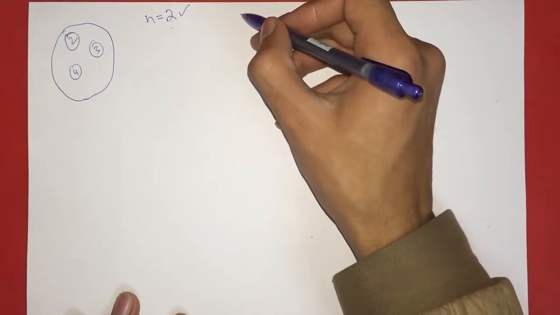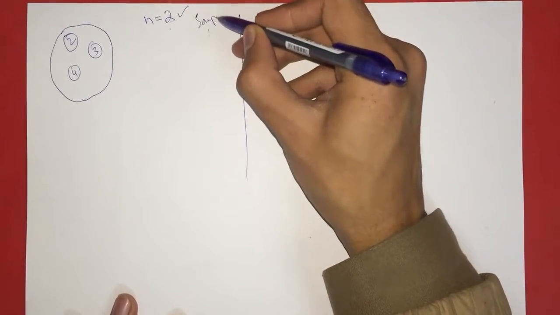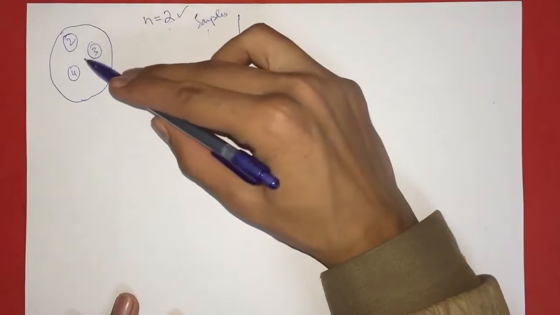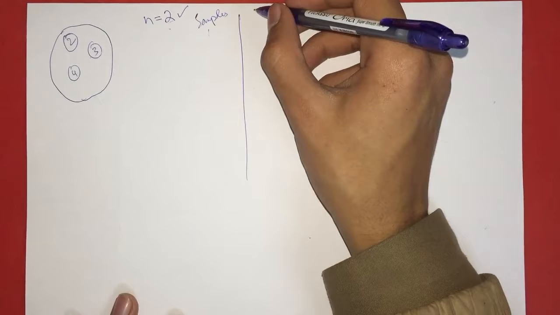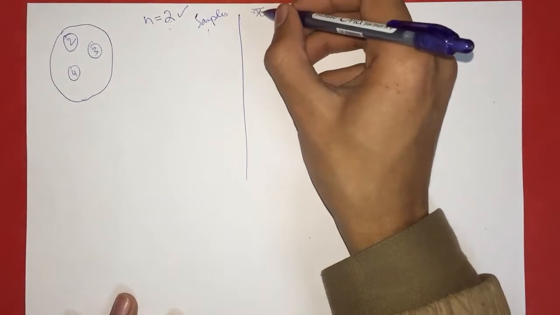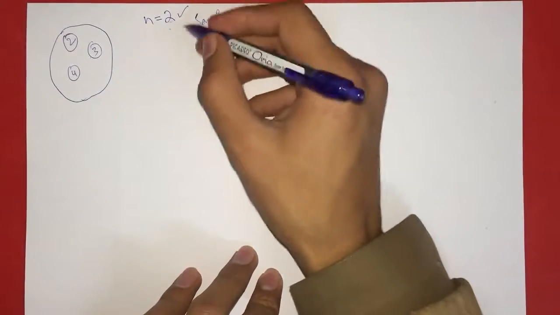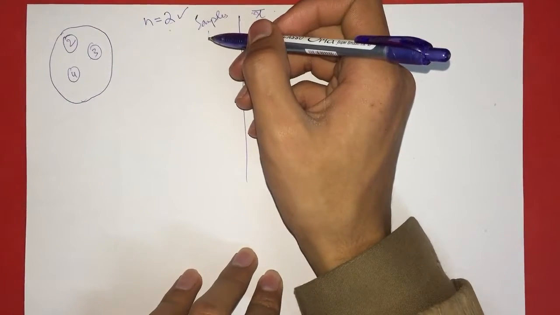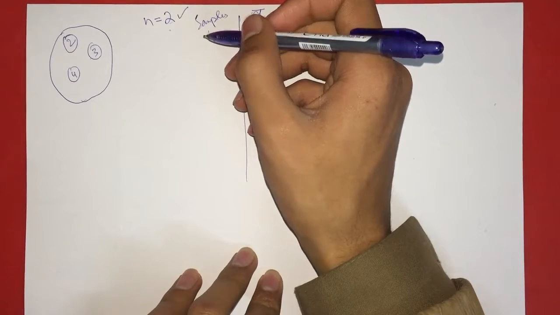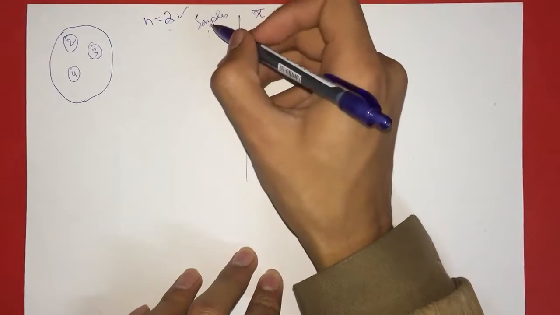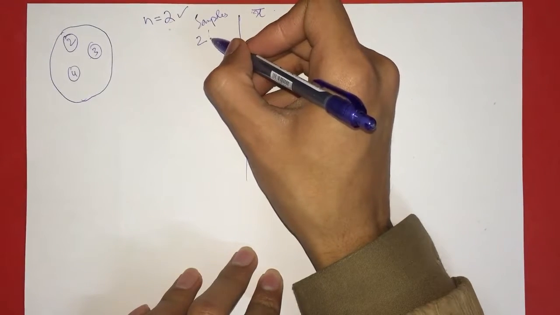This side is going to be all the samples which I can make from this whole population, and on this side I'm going to have the x bar, or the means of respective samples. Our first sample is of size 2, so that is 2 2.